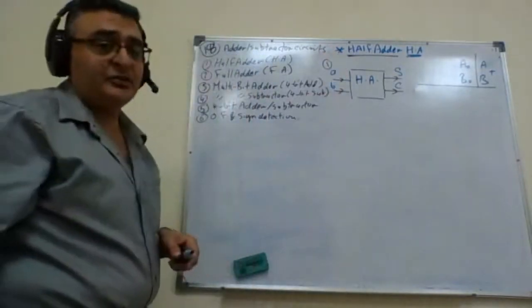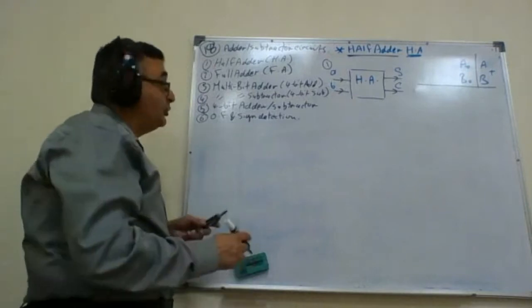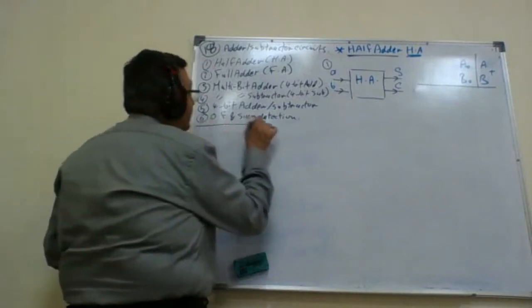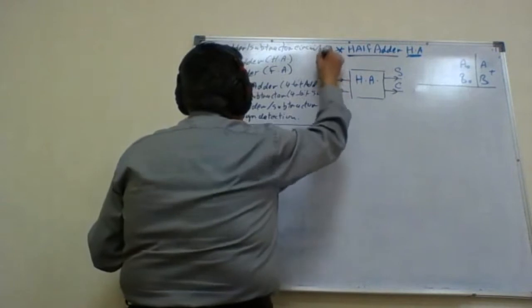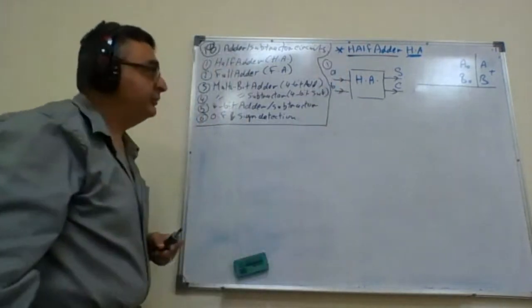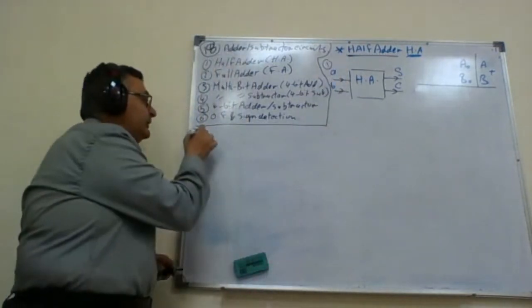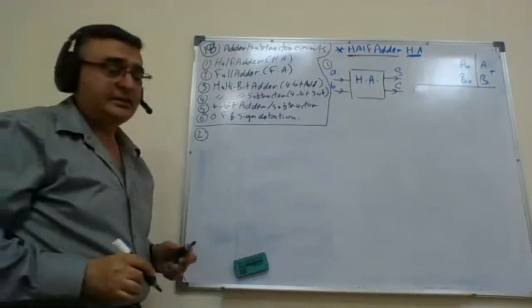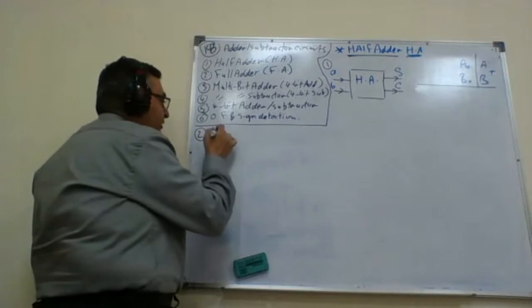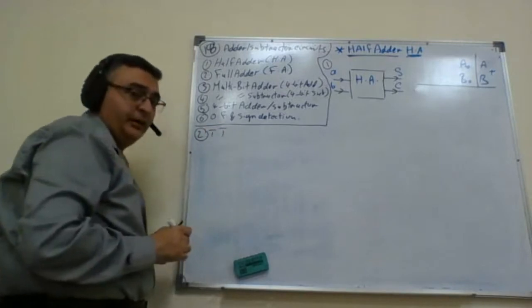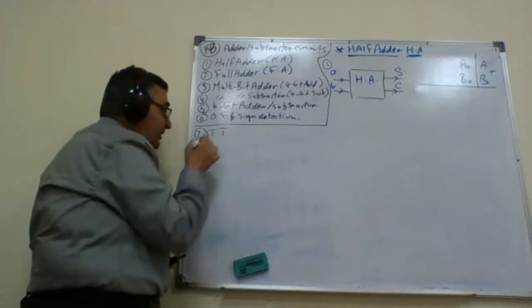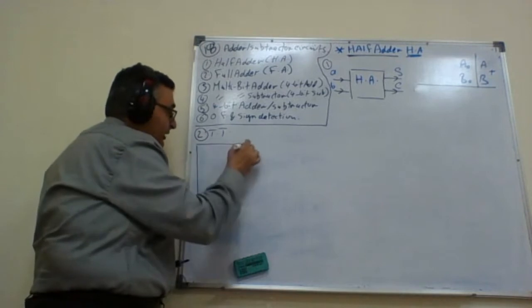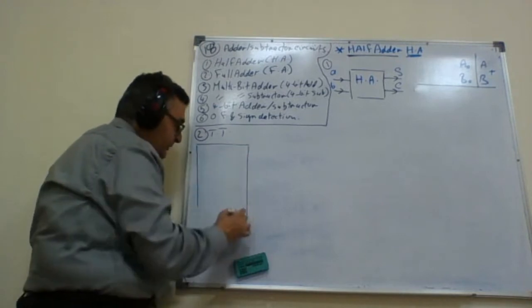The second step in the design, as we have shown in our last lecture, is basically to start with a TT. Great. The second step is to build a TT for the design. Since I already defined the inputs and the outputs, the TT is very simple.